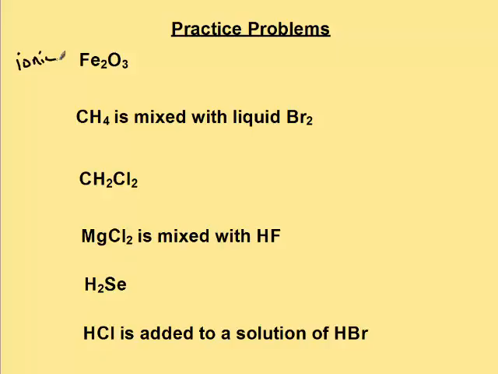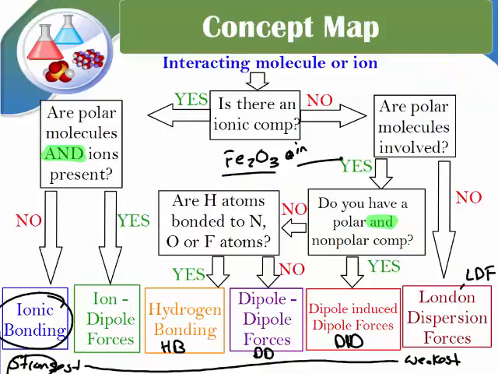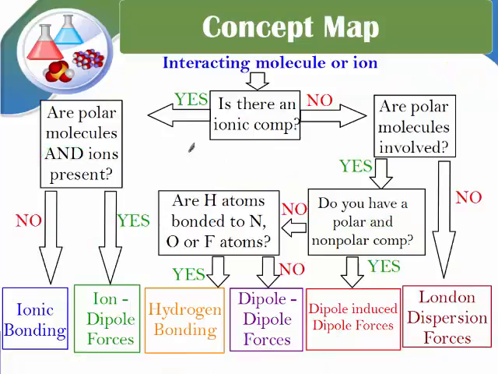Next, we have CH4 is mixed with liquid bromine. So CH4 mixed with bromine. First, do we have an ionic compound? Neither of those have a metal, so no. Are either of those polar?